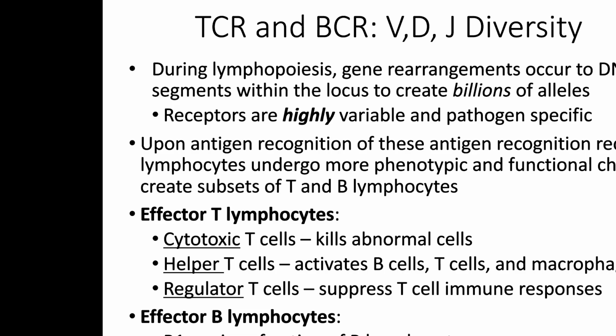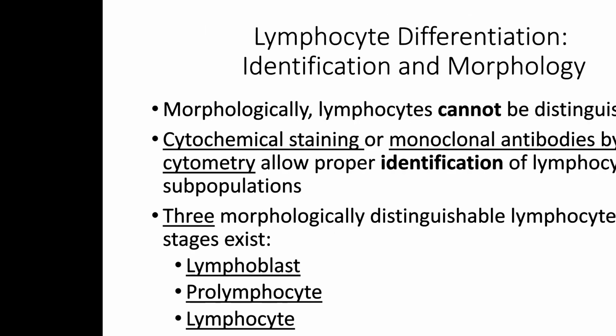We also talk about, within the B lymphocytes, B1 and B2. Again, I cannot stress this enough: if you're looking at a lymphocyte just from a peripheral smear, you cannot tell it apart. If you need to know the specific type of lymphocyte that you're looking at and the percentage of which, you need to utilize cytochemical staining or flow cytometry to properly identify these lymphocytes.